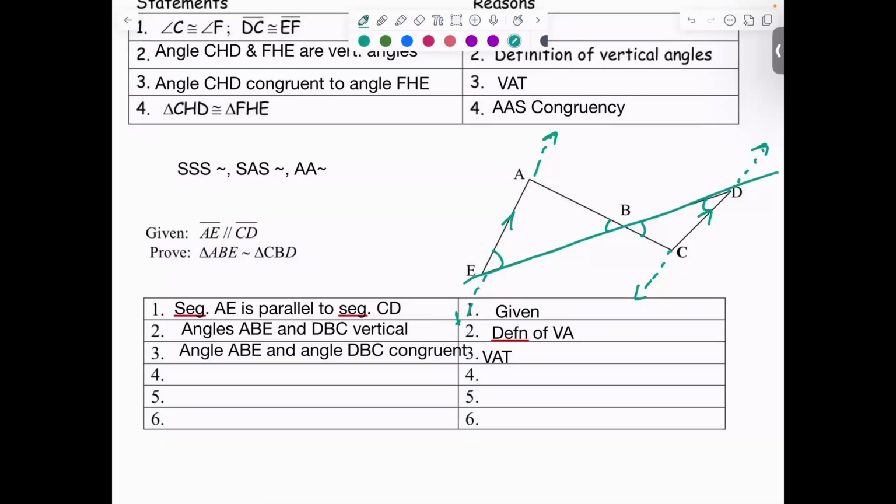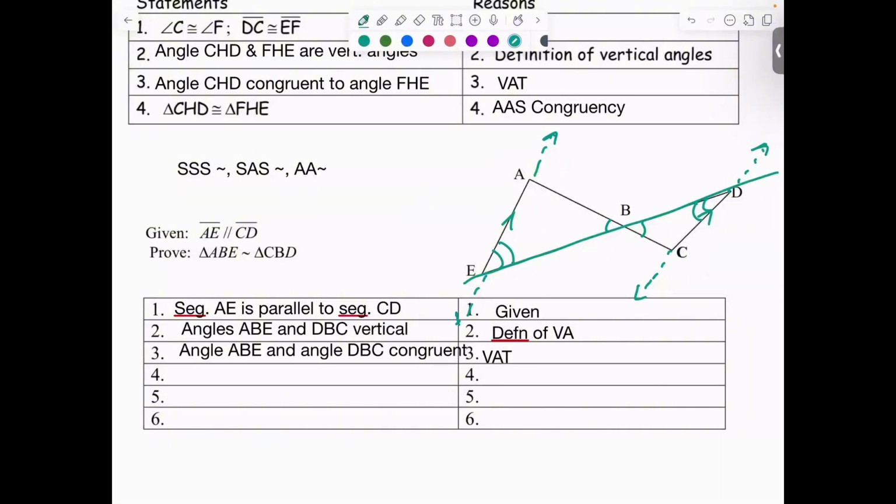Remember, you always use the little marks to indicate congruency. Maybe use 3 at the most. Some students use the angle arcs, some use hash marks. Either way is fine. Either notation's fine.